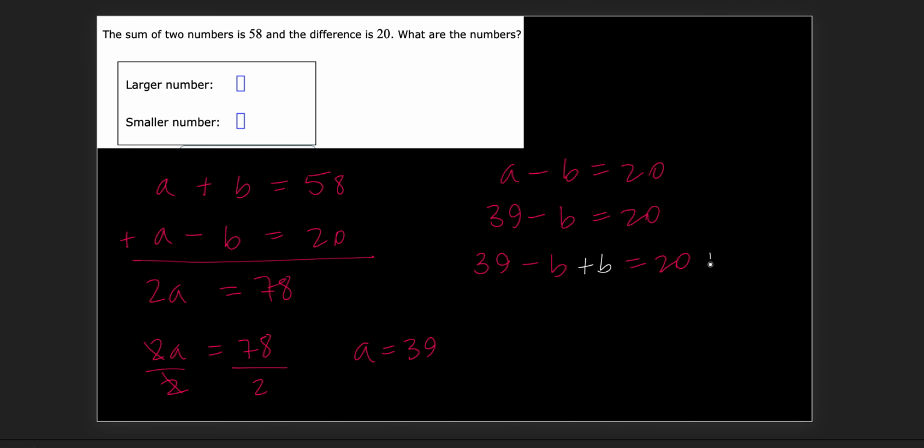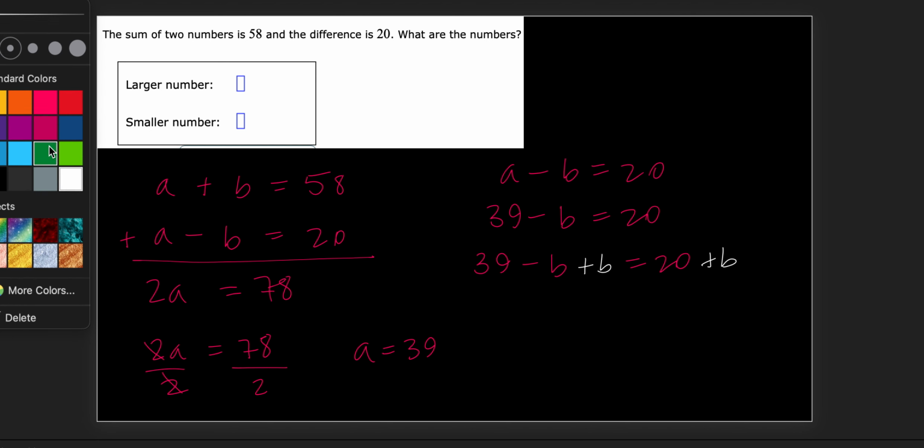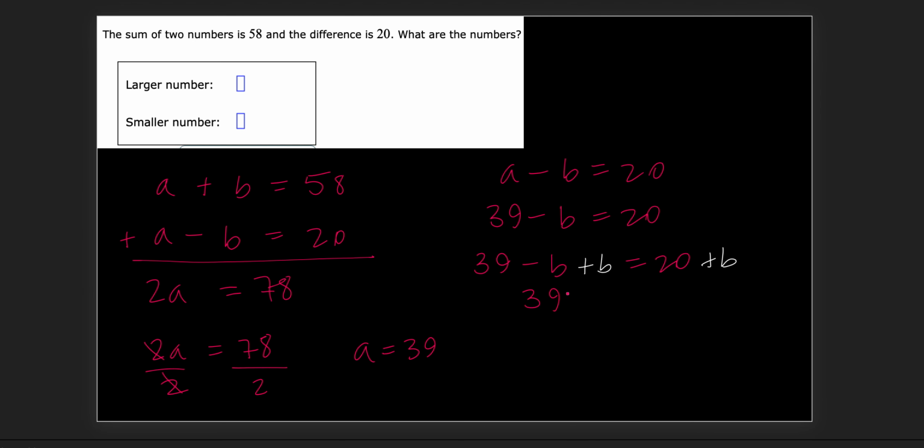So plus B and plus B. So 39 equals 20 plus B. So I need the 20 to be subtracted from both sides. See that? It'll make it disappear from the right side. So 39 minus 20 is 19. So the larger number is 39 and the smaller number is 19.